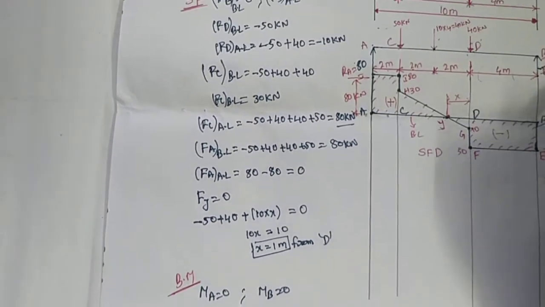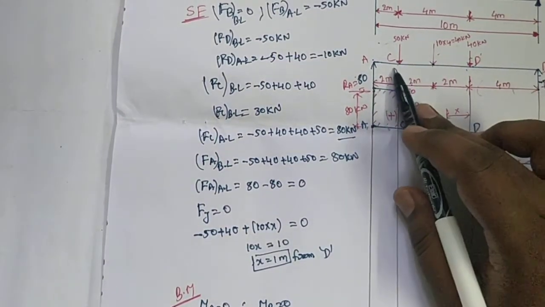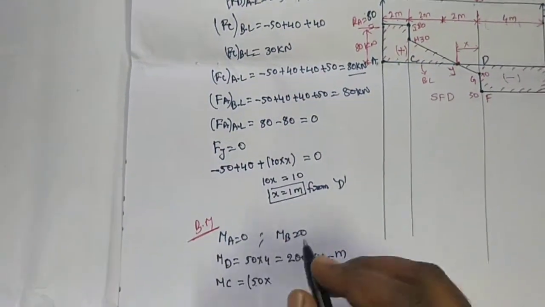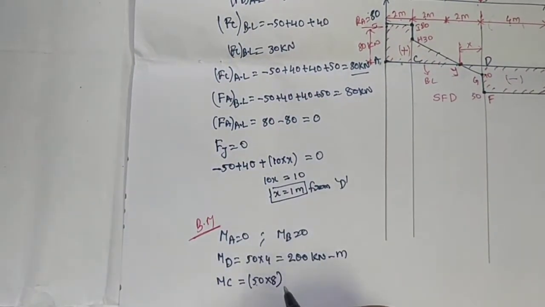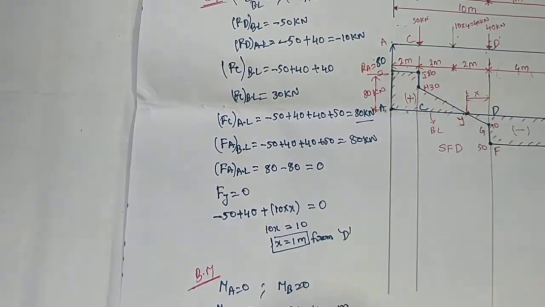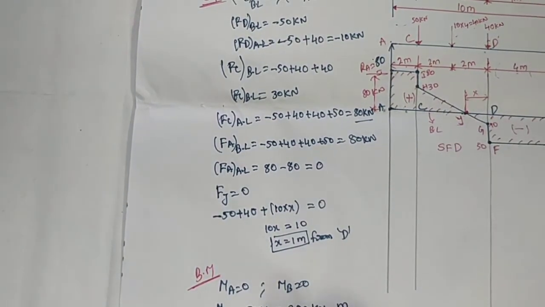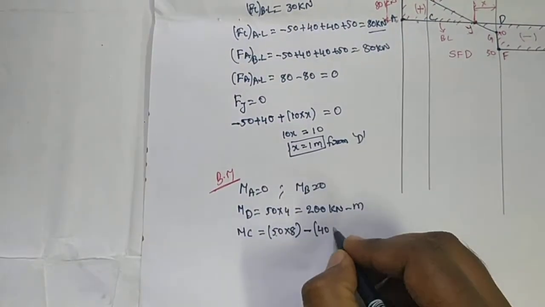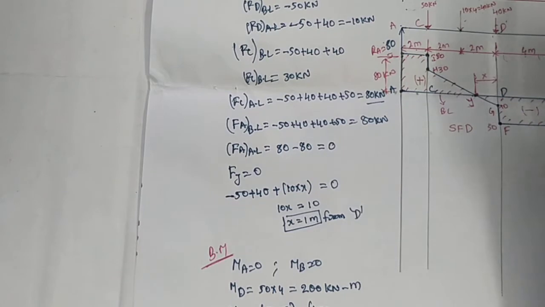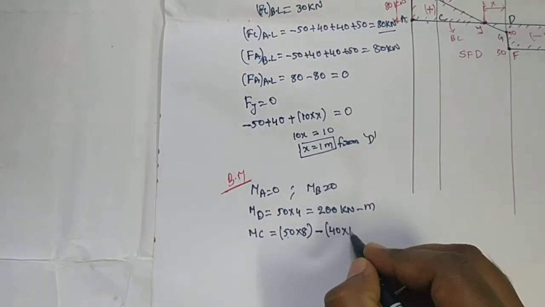The distance from 50 kilonewtons to the point C is 8 meters. Next, the 40 kilonewtons is acting clockwise, so that it can be written as minus of 40. The distance from this load to this point C is 4 meters, so that 40 into 4.